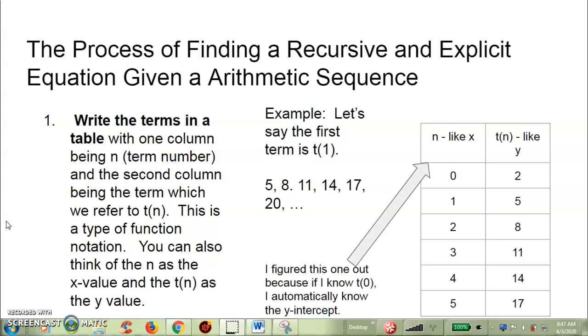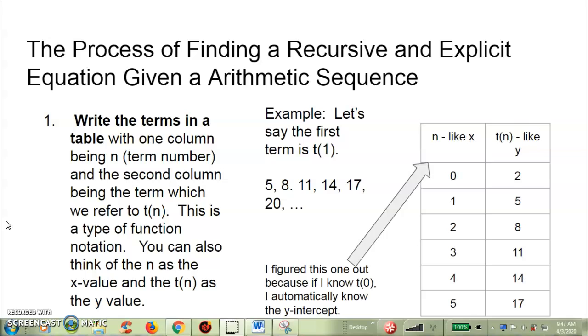I can tell just by looking at this table that the y-intercept is 2, because the line crosses the y-axis when x is 0. So t of 0 is going to be the y-intercept.